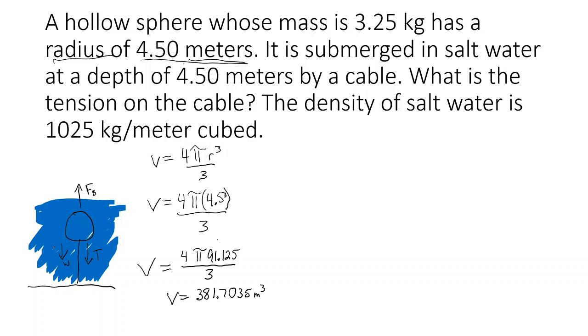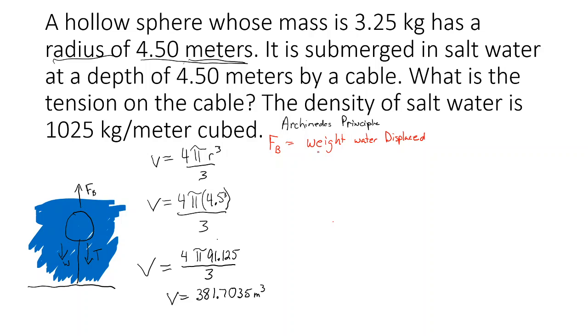All right. And so now what we're going to do is we're going to use Archimedes' principle. And Archimedes' principle states that the buoyant force is equal to the weight of the water or liquid displaced.